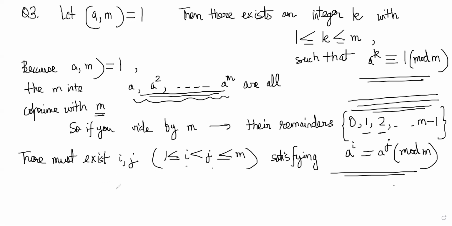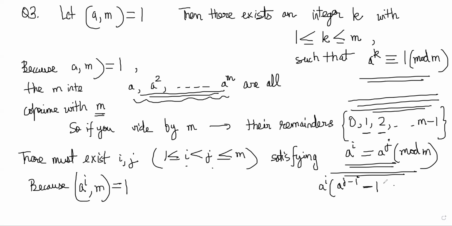So you will say that a power i must be equal to a power j mod m, and because the GCD of a power i with m is equal to 1, you can rewrite this as a power i times a power j minus i minus 1 congruent to 0 mod m, and therefore since a power i and m are co-prime, m must divide a power j minus i minus 1.